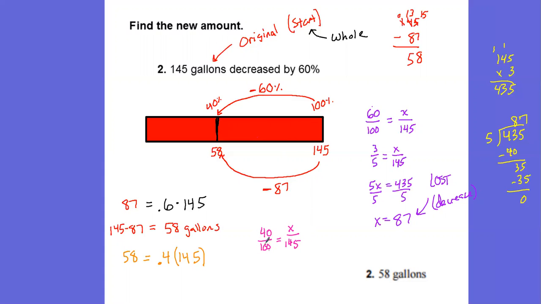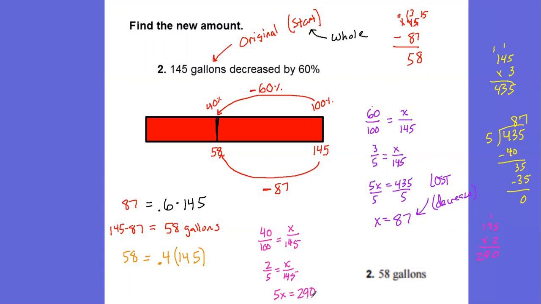And we can reduce this fraction to make the numbers a little easier to work with. Divide by 10, 4 out of 10, divide by 2. So 2 out of every 5 is the same thing as x out of 145. Cross multiply. 5 times x is 5x. 2 times 145, if we work that out real quick, is 290.